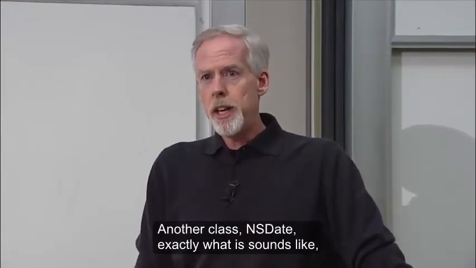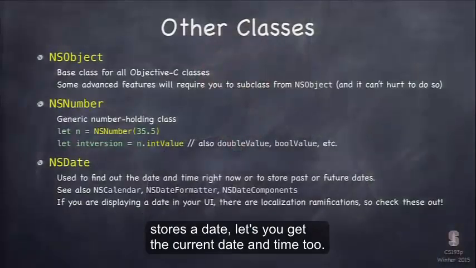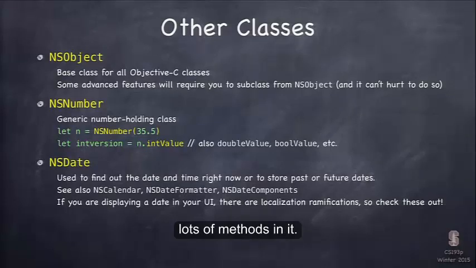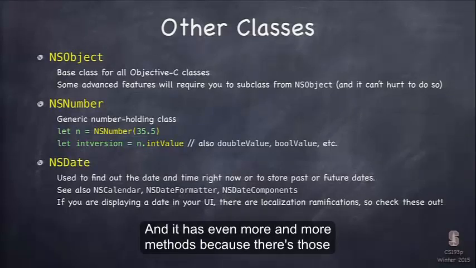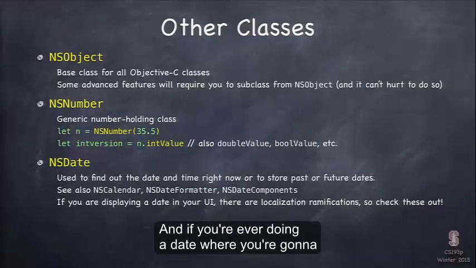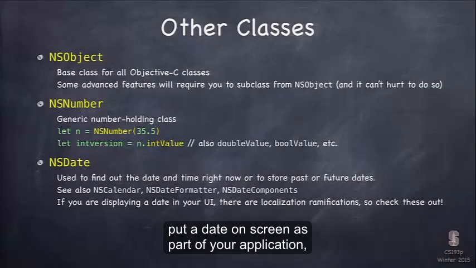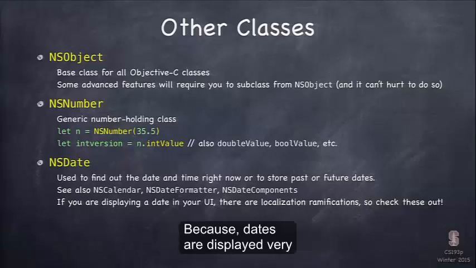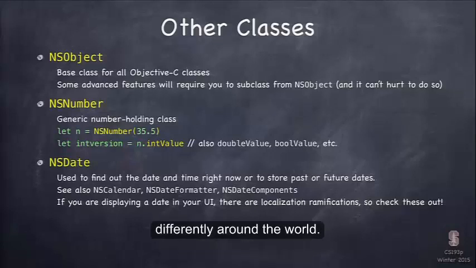Now the class NSDate, exactly what it sounds like, stores a date, lets you get the current date and time too. Pretty self-explanatory, has lots and lots of methods in it. And it has even more methods because there's those three other classes mentioned here: Calendar, DateFormatter, and DateComponents. If you're ever going to put a date on screen as part of your application, you really want to look at all these classes and read the documentation that talks about dates, because dates are displayed very differently around the world.